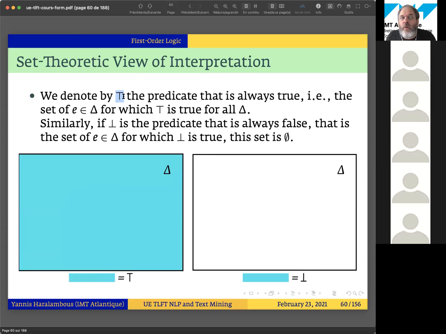The answer is for all elements, for the whole domain. This false can also be considered as a predicate that is always false. So what is the corresponding subset? It's the empty set. So this corresponds to the domain, and this corresponds to the empty set.